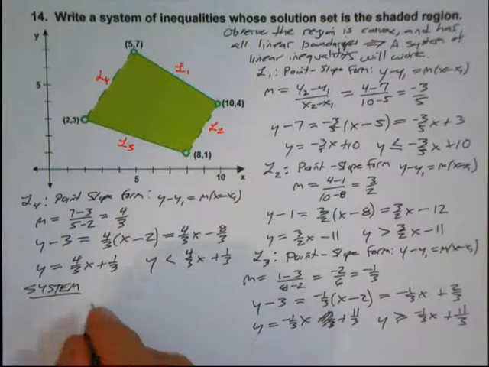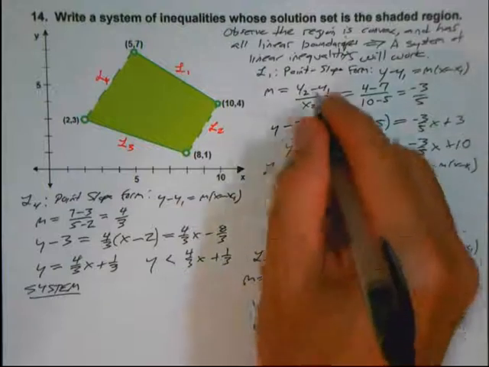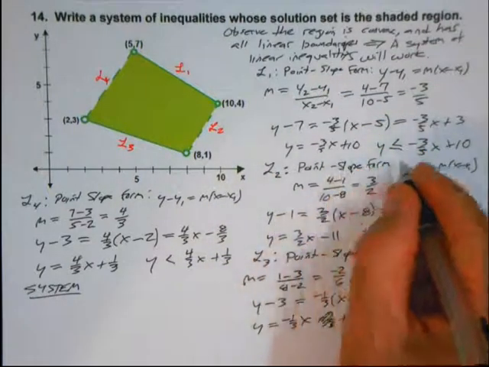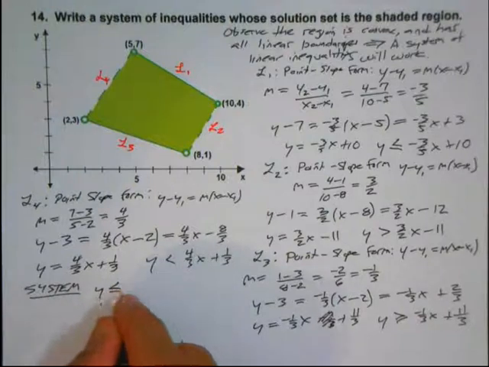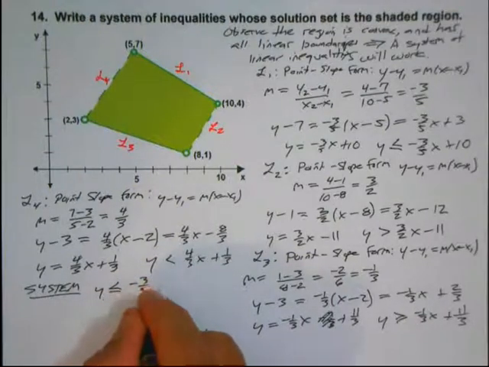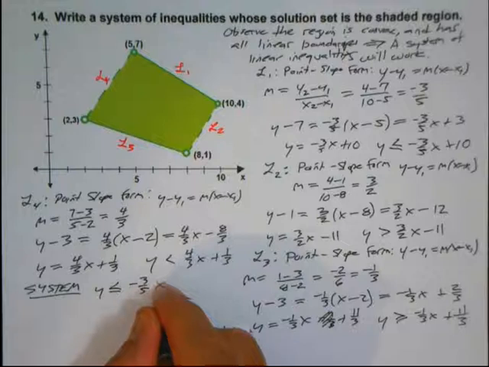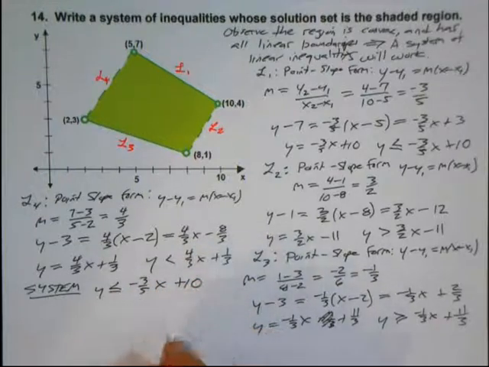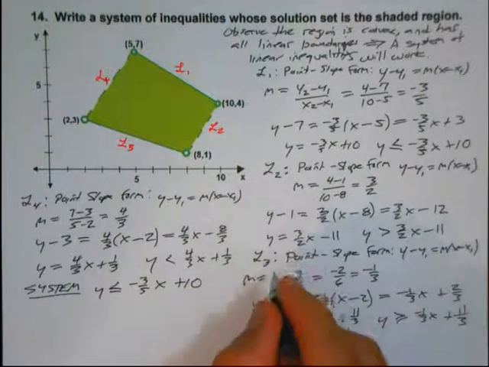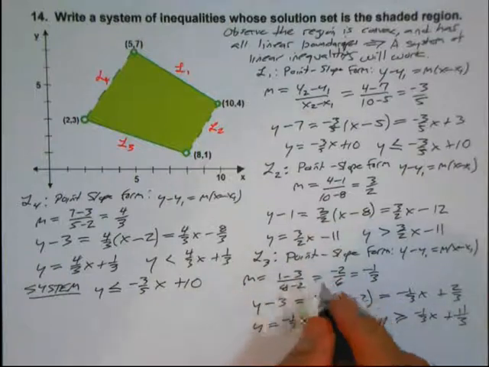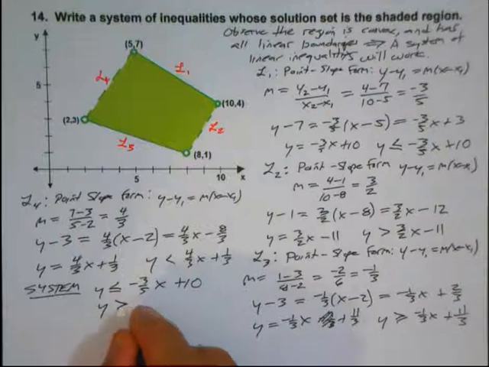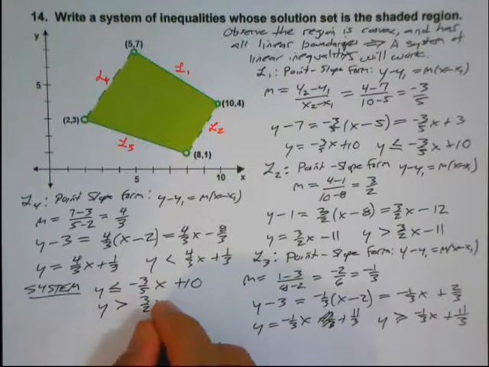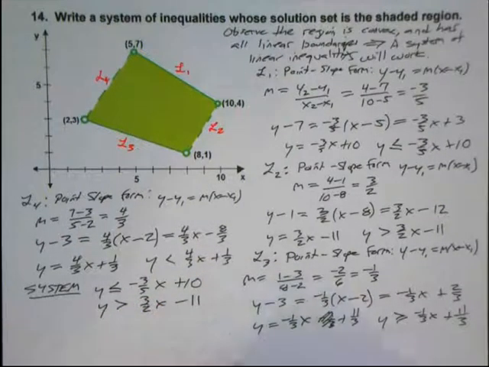Looks like it'll be the half plane derived from L1 as the boundary line. So we've got y less than or equal to negative 3/5 x plus 10. The inequality based on L2 as its boundary line is here. Y greater than 3/2 x minus 11.